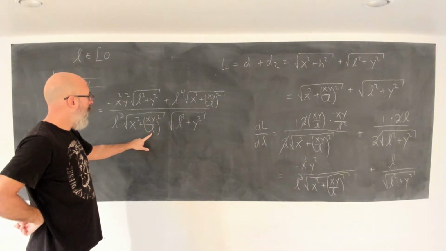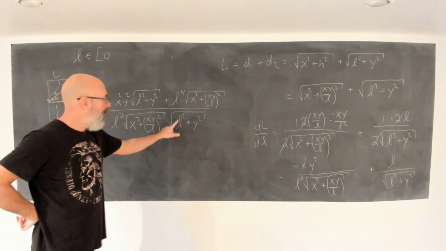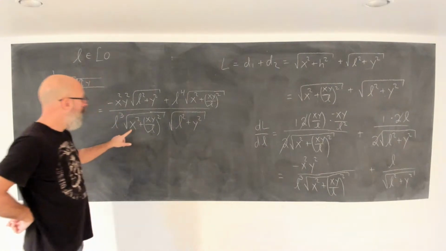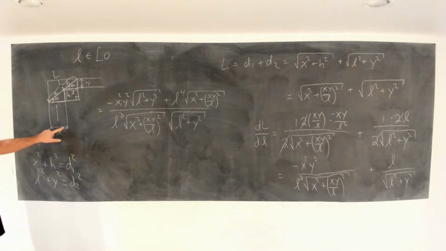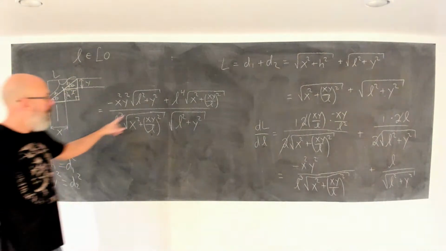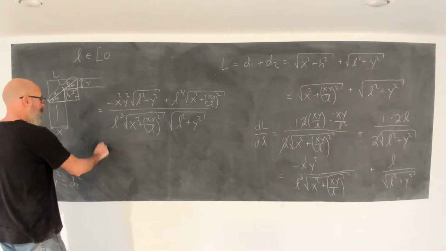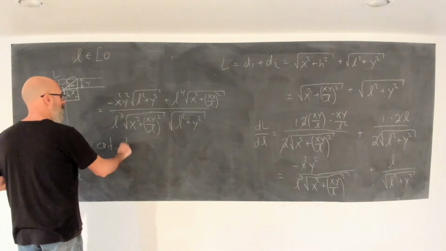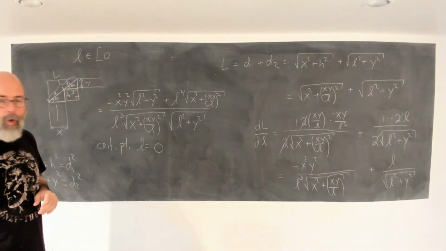If L is anything else, this is going to be a positive term, and this is going to be a positive term. And because x and y are themselves, I assume, non-zero, the only critical point coming from the denominator is L equal to 0.